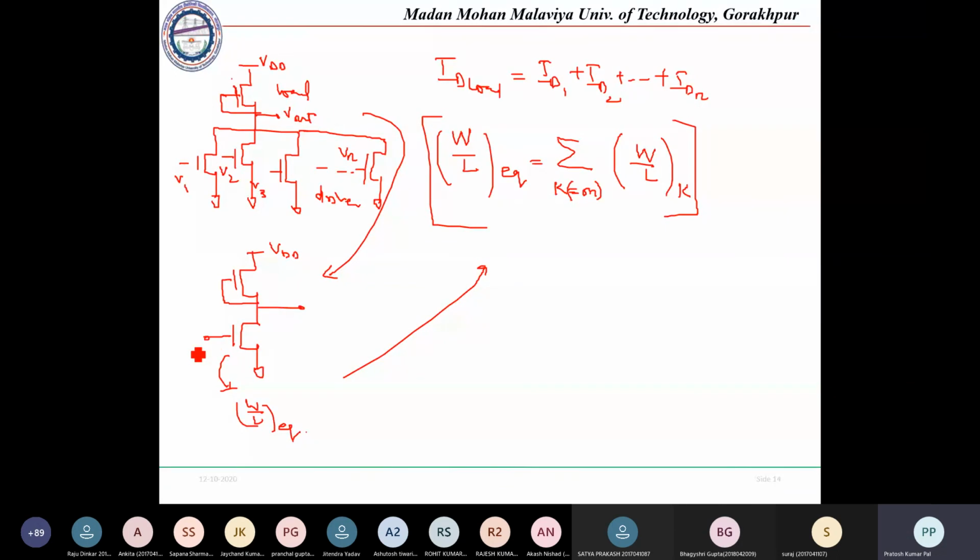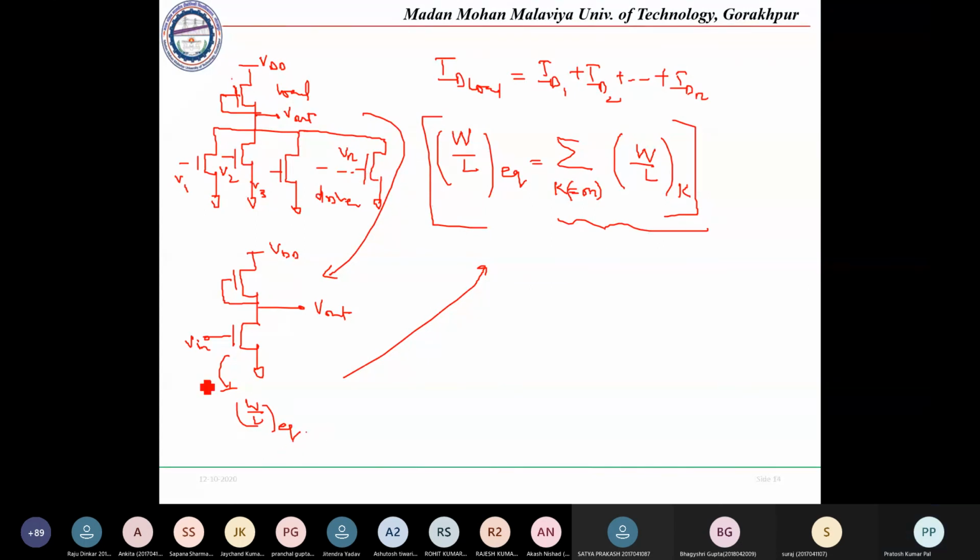Here this will be your input voltage and here the output. Suppose all the inputs are the same. Then this circuit will be represented as an inverter, and the equivalent W by L value will be the sum of the W by L ratios of all the n transistors.